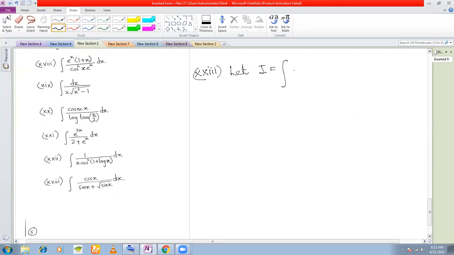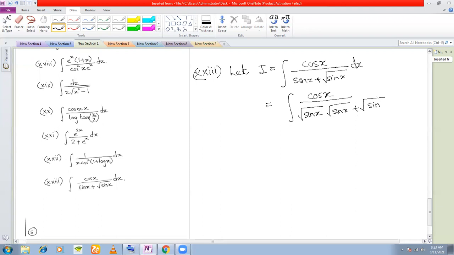Let us take I is equal to integral cos x by sin x plus root sin x. Now you know that the derivative of sin x is cos x, right? So what you do here is you can take root sin x common, or in fact break this first sin x as root sin x into root sin x, plus root sin x dx.